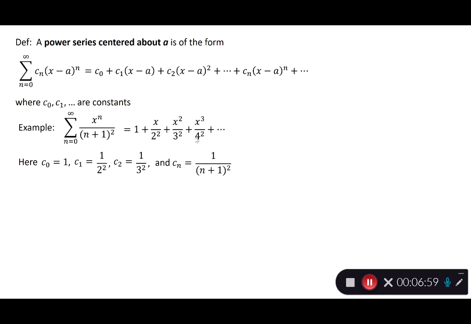Let's say we give a value of 1 to x. In the event x is 1, what does this series become? It simply becomes 1 plus 1 over 2 squared plus 1 over 3 squared plus 1 over 4 squared, and so on. Or, in sigma notation, 1 over (n plus 1) squared.